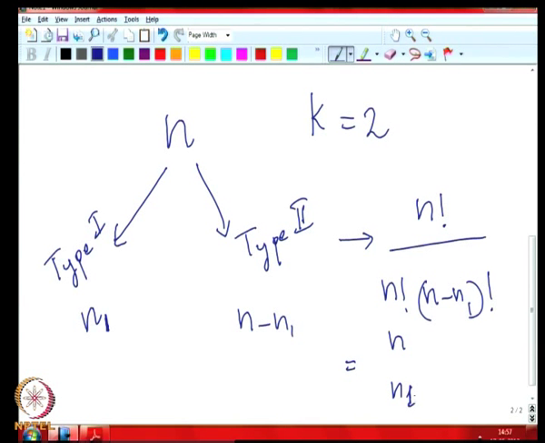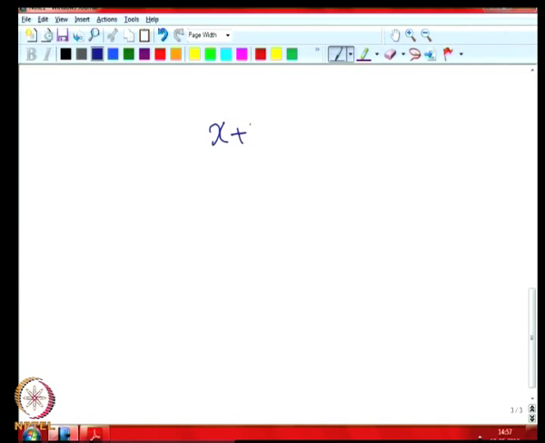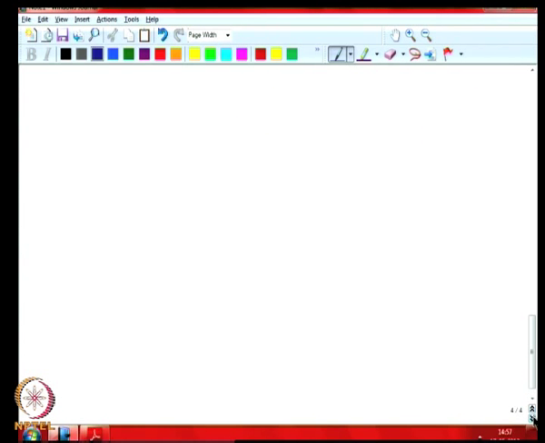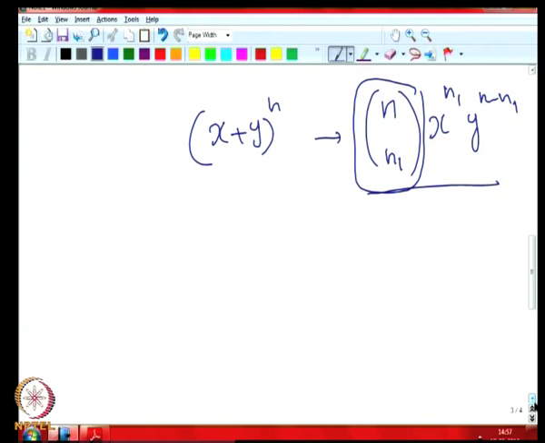This is the binomial coefficient in the expansion of x plus y raised to n. This is the n plus 1th binomial coefficient. So the n plus 1th term will be n choose n1, x raised to n1, y raised to n minus n1. So this coefficient only is coming there. Because this is the binomial coefficient, the term generalizes this.